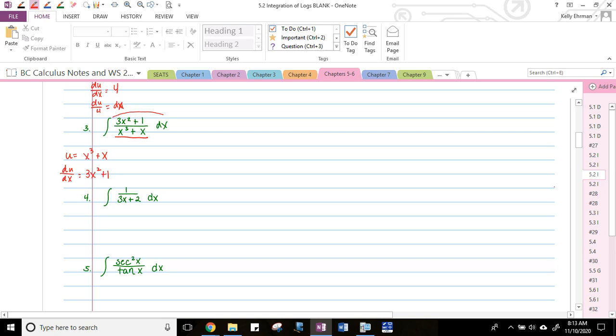So this 3x squared plus 1 dx, that is du. So you can show yourself solve for dx if you want, show yourself canceling things, but this is just telling me, hey, you have 1 over u, and you already have du. You don't have to put any extra stuff in there to get du. So this is natural log of the absolute value of x cubed plus x plus c.